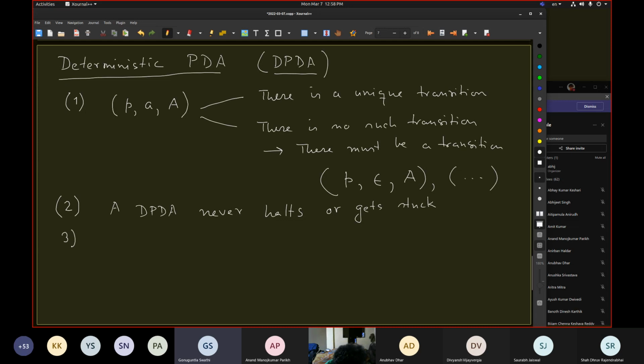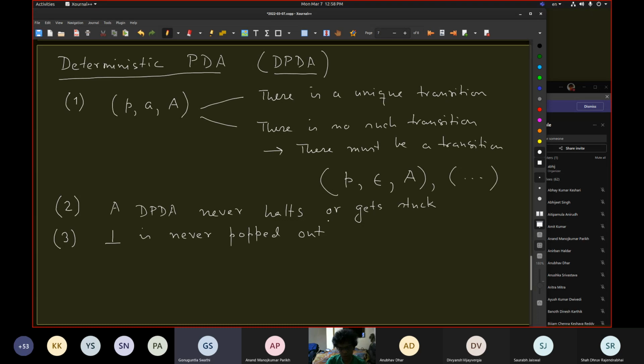This essentially indicates that this bottom marker is never popped out. Because if the stack becomes empty, the machine gets stuck. No transition can handle an empty stack. Therefore, we will make the assumption that this bottom marker is never popped out, so that the machine never gets stuck even after accepting.